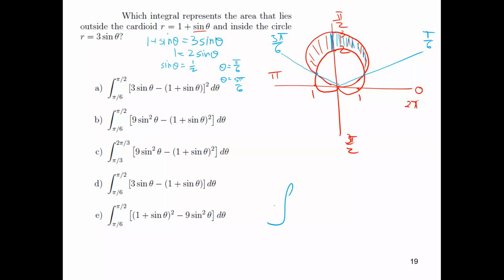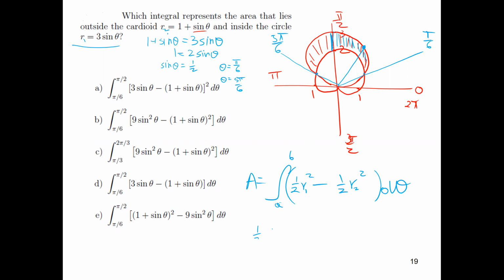Integral, and now we know that we have to subtract. I can write the general formula: 1/2 r squared minus 1/2 r squared d theta from A to B. But the first must be the longer radius and then the shorter. The longer is the circle, so this one will be first, this is second.